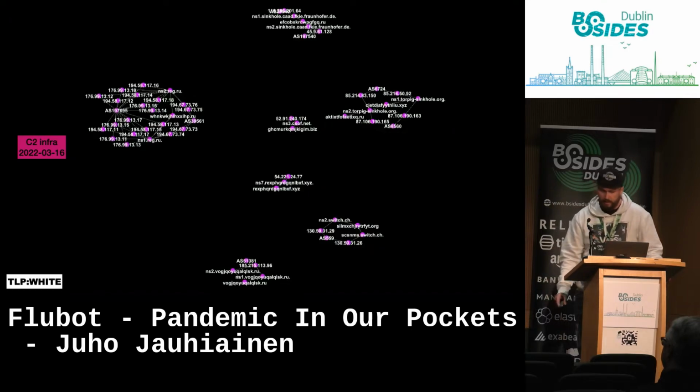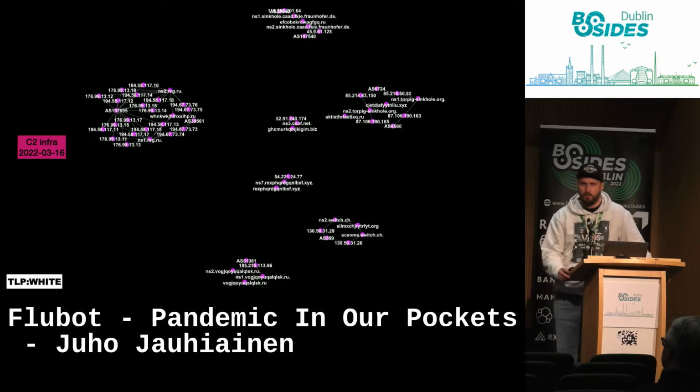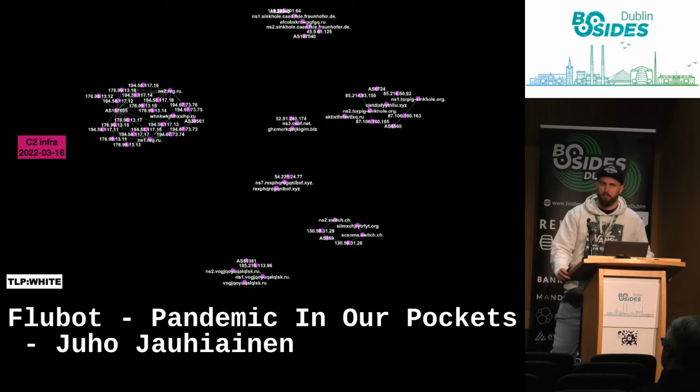If we look at the current C2 infra and where it's hosted, as it's using DNS over HTTPS, the requests are not going to the actual domain, but to the name server of that domain. In this slide, you can see the C2 domain, the name server it's using, the IP address of that name server, and also the AS number of the hosting company.